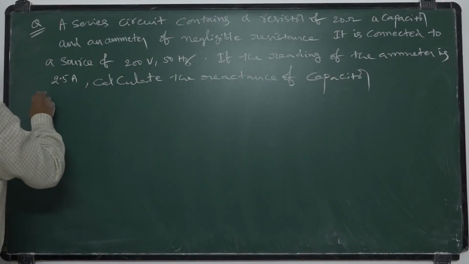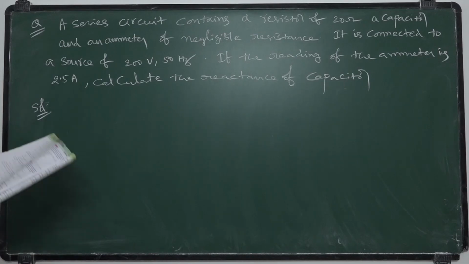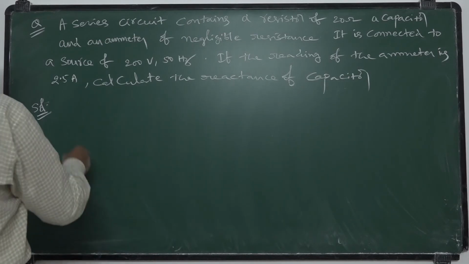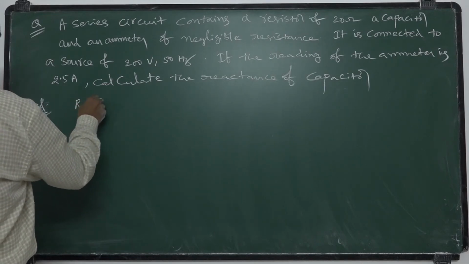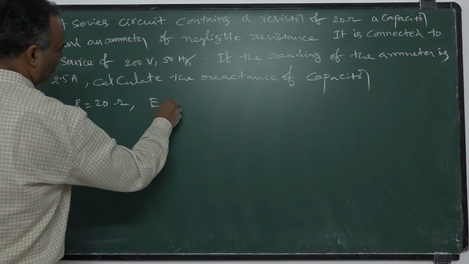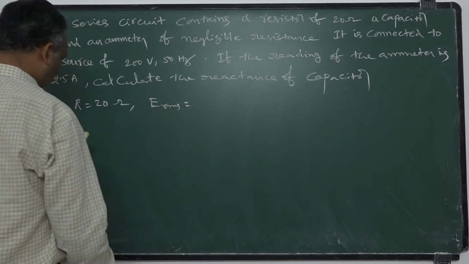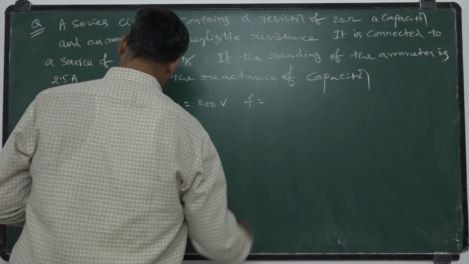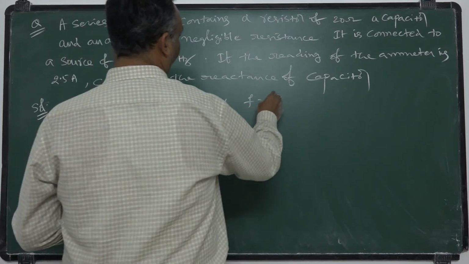Solution is simple. The solution here, as per the question, they gave resistance as 20 ohms, ERMS or VRMS, anything you can write. ERMS value they gave it as 200 volts. Frequency 50 Hz they gave.